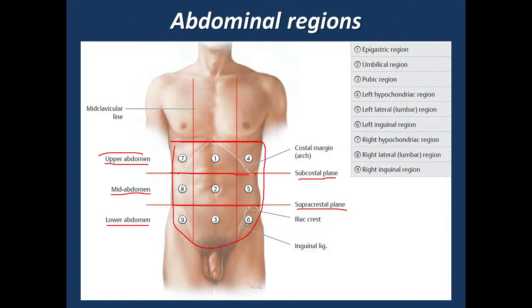So we distinguish upper abdomen, mid abdomen here, and lower abdomen areas. But with the mid-clavicular line, a line passing through the center of the clavicle here, we distinguish 9 regions.